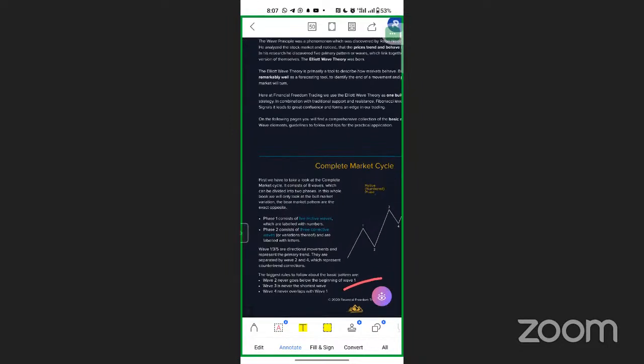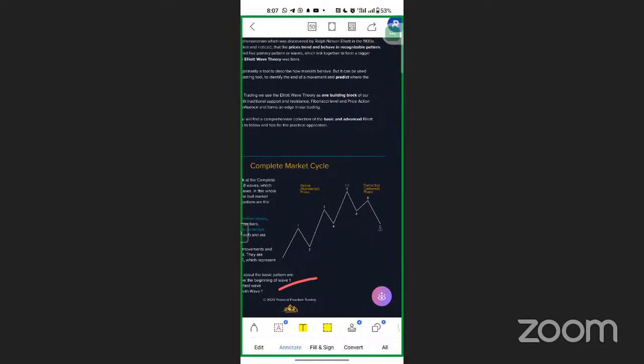Now, we want to look at the corrective waves. The corrective waves are these waves that collect the movement that was done by the motive waves.